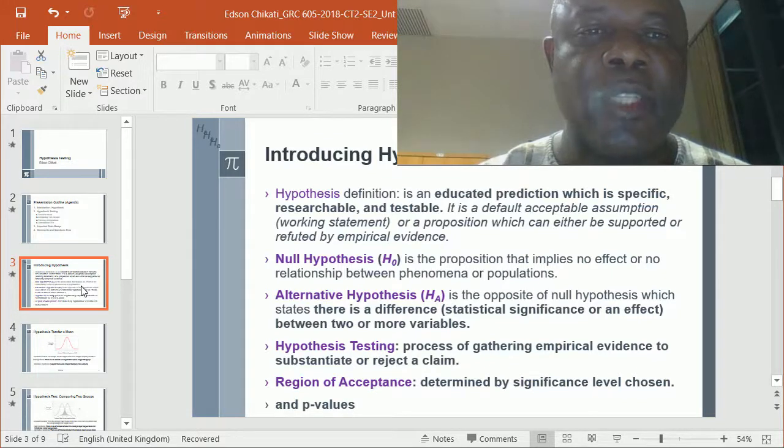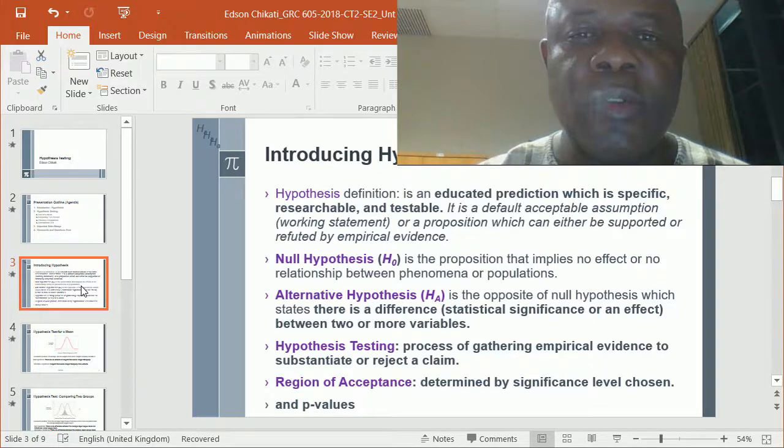There are two important concepts attached to hypothesis. The first one is the null hypothesis, denoted by H0. It is the proposition that implies no effect or no relationship between phenomena or studied populations. There's also an alternative hypothesis, denoted by HA.